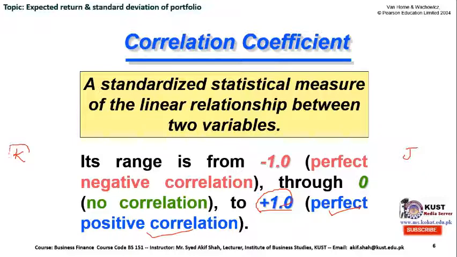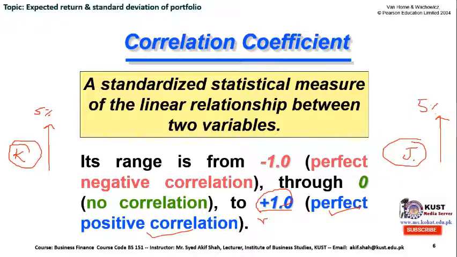Here the variables of interest are stock K and stock J. It means that if there is a 5% increase in the price of stock K, let's suppose, and if the correlation coefficient between K and J is +1, then there will definitely be a 5% increase in the price of stock J.